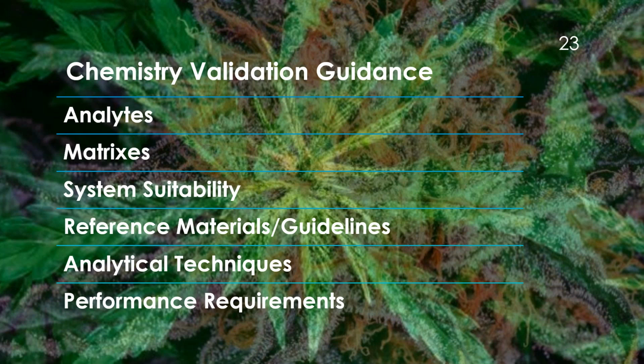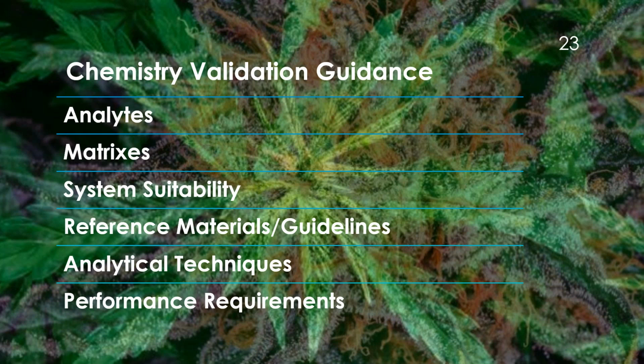Are there any particular interference controls that have to be used to evaluate new matrices? Reference materials and guidelines: where can you find reference materials, or how can you develop your own internal reference materials that meet general best practices that would allow for the method to be used?